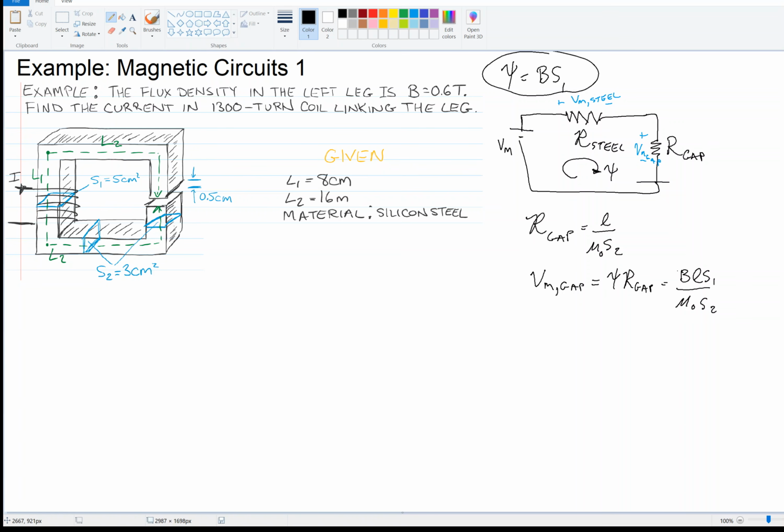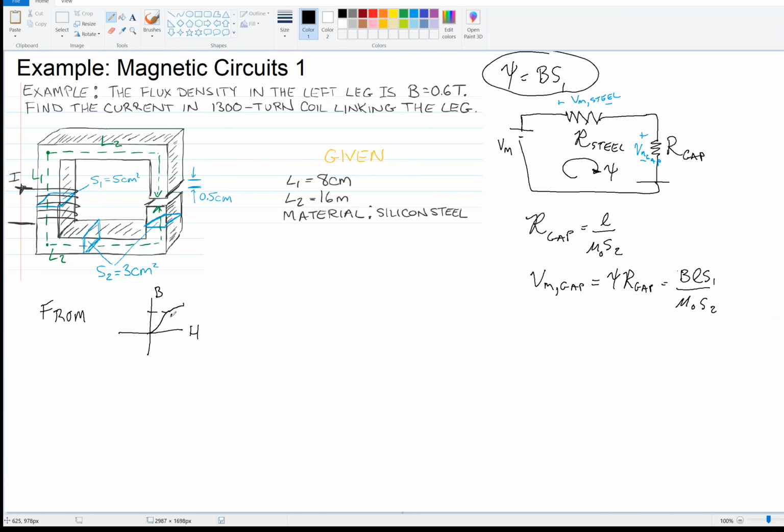Now, if you go back to our lecture video on silicon steel, there was that plot where we showed the magnetization of silicon steel, with B on one axis and H on the other.